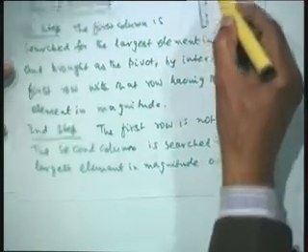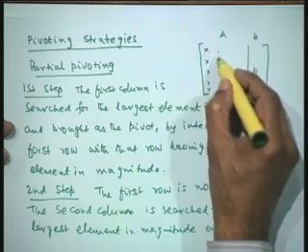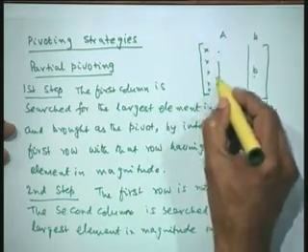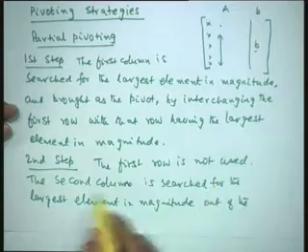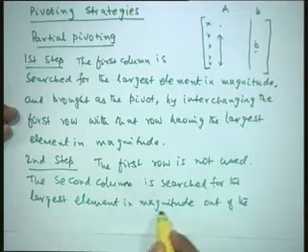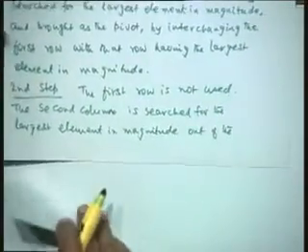We are leaving the first element, and using only these n minus 1 elements of the second column.